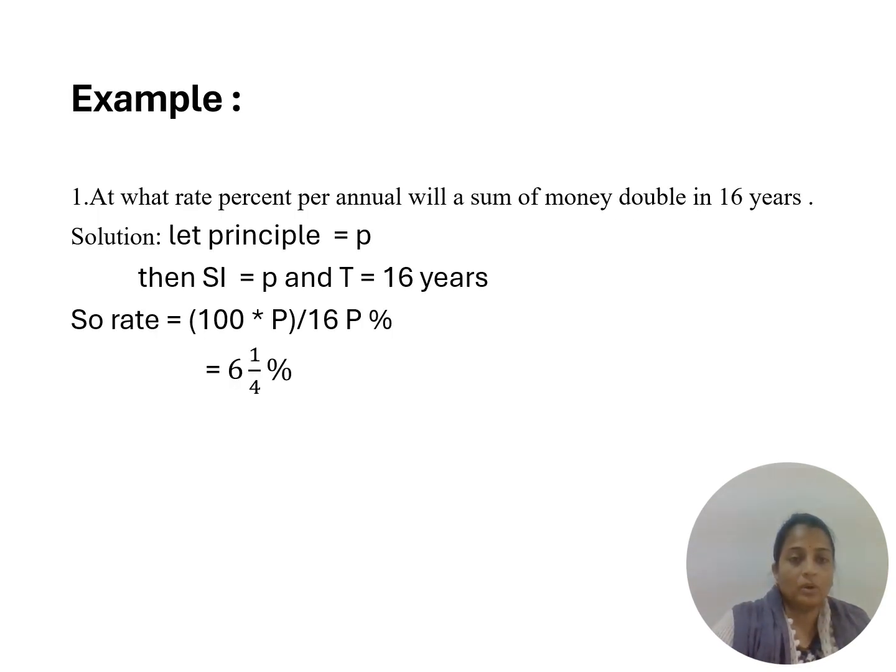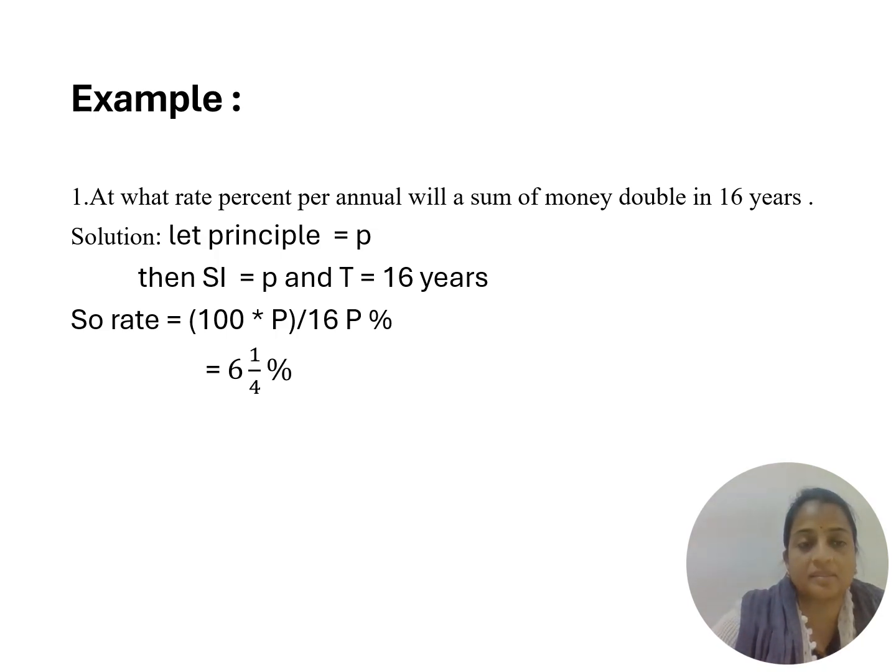So an example of simple interest. First example: at what rate percent per annum will a sum of money double in 16 years? So how to solve this question? First of all, let principal be P and then SI is equal to P, because in the question a sum of money is to double.